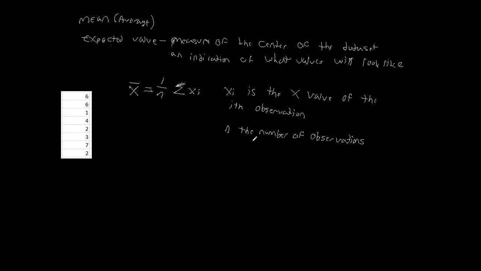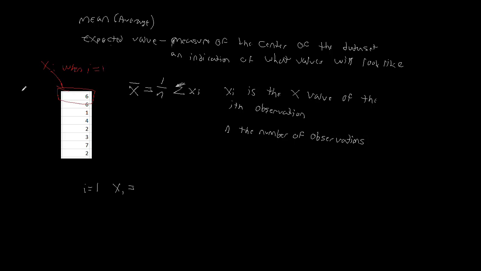So if i equals 1, we're going to go up to here. Each one of these rows is an observation. So the ith observation when i equals 1 is going to be this right here. This is x sub i when i equals 1.